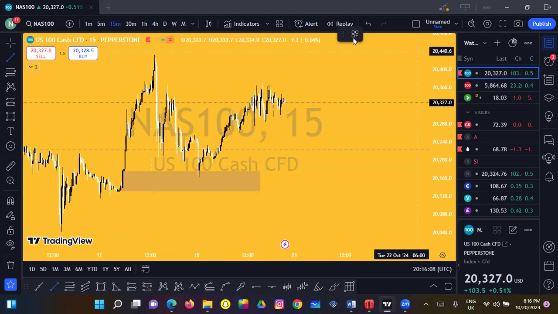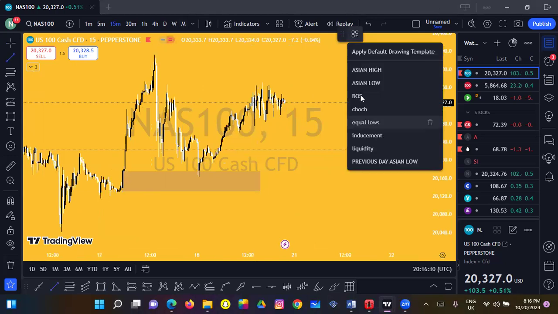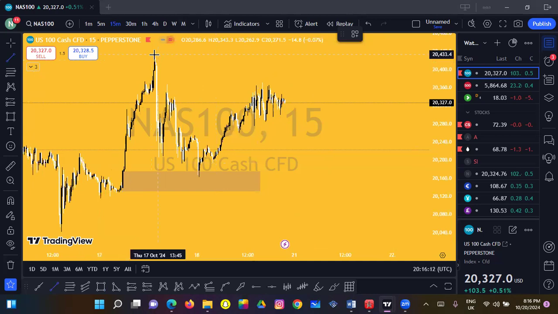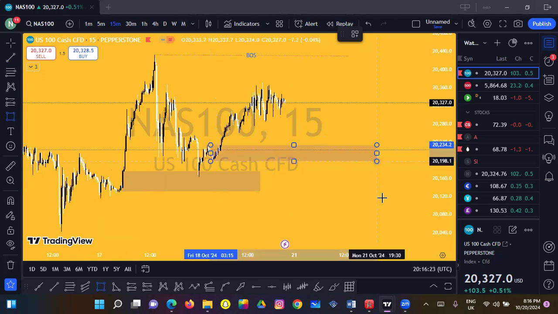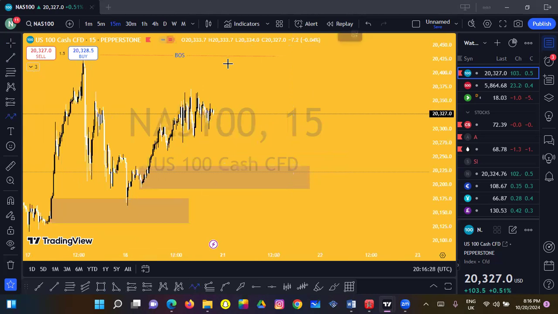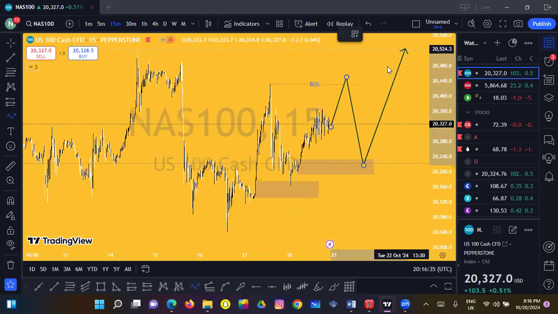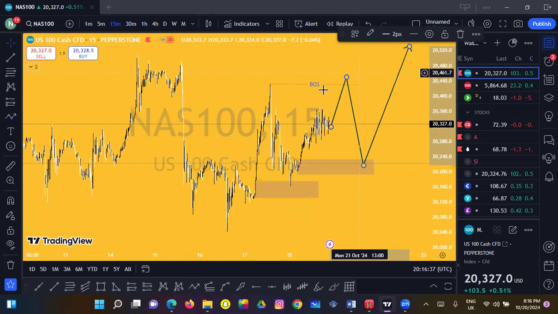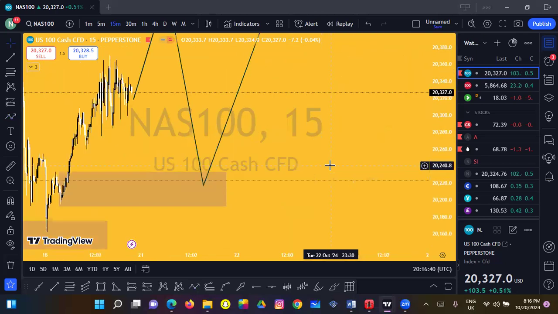Then the market will come and tap somewhere here, and then we continue to the upside. So it can be something like this, right? Yes, likely to be something like this.